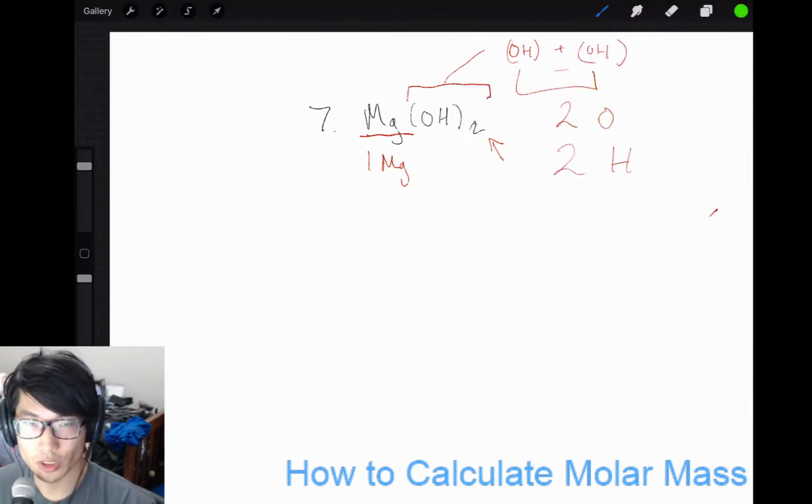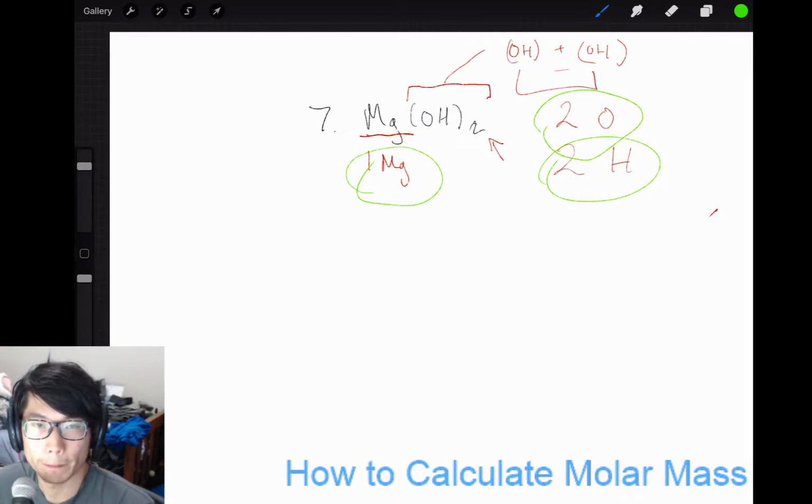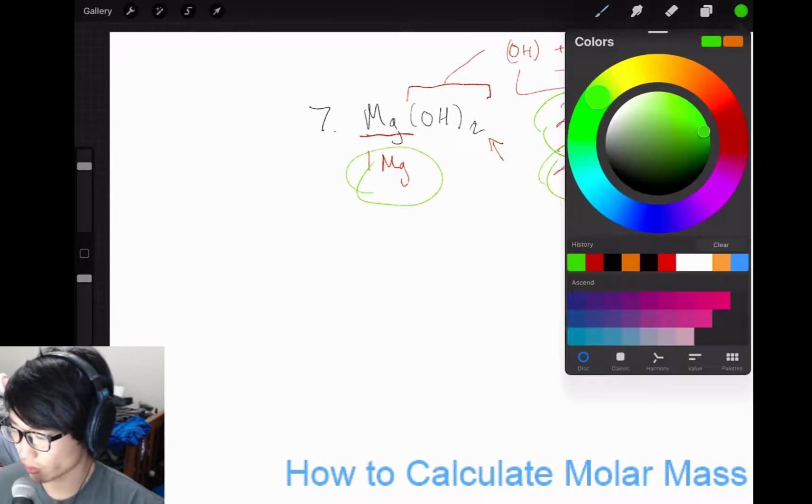So in MgOH2, I have all of these ingredients. The molar mass of this big old molecule is just going to be the molar mass of all of those things added up. So I'm just going to write that out for you guys.